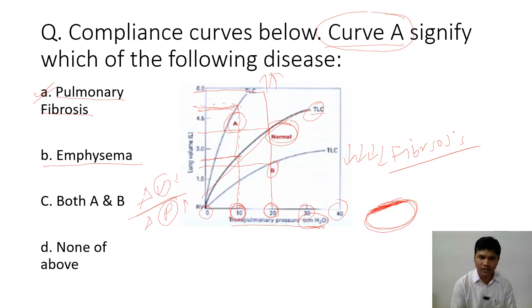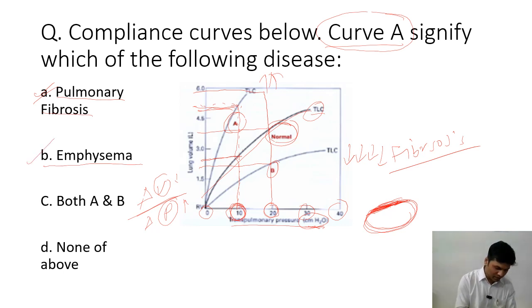This is the condition in which the lung's elastic tissue is decreased, and in that case the lung is highly compliant. Compliance is increased, and in old age also compliance is increased, and because of that you can easily inflate the lung with less pressure.